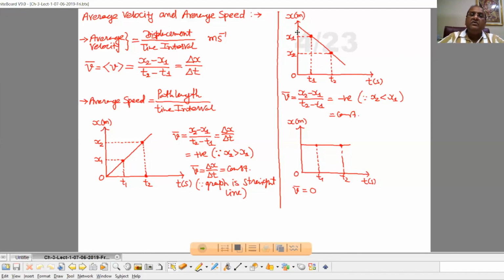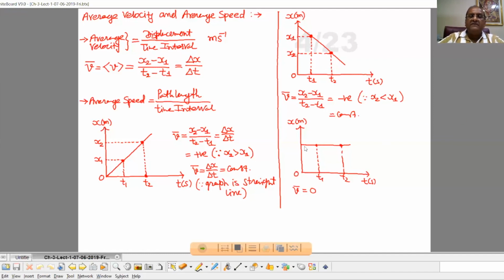And here also, when the graph is a straight line, the slope will be constant. It implies that the object is moving with constant negative velocity. It means it is moving in the negative x direction with constant velocity.